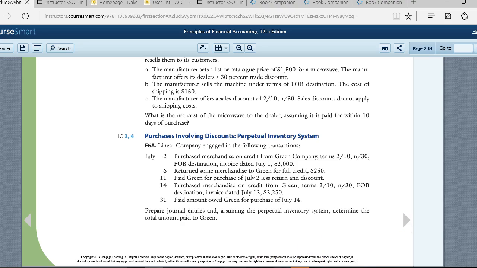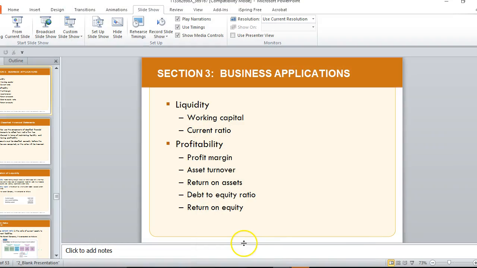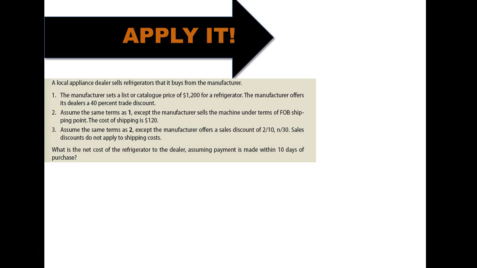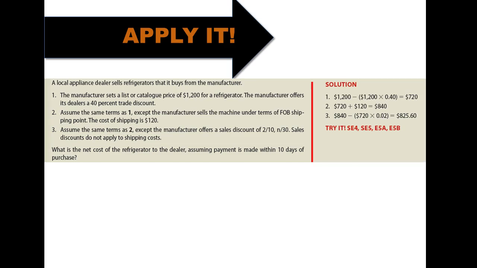Now, let's go back and look at the periodic system. So we have created and gained an understanding using the perpetual system, how we use those accounts, merchandise inventory, and then if we pay items, we show it as a purchase discount.